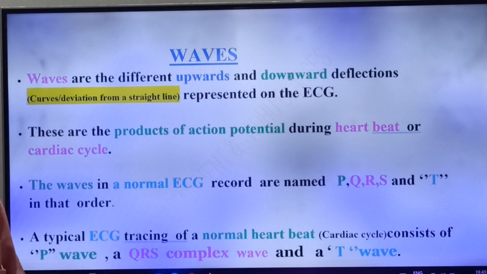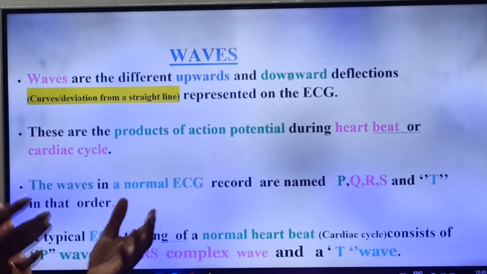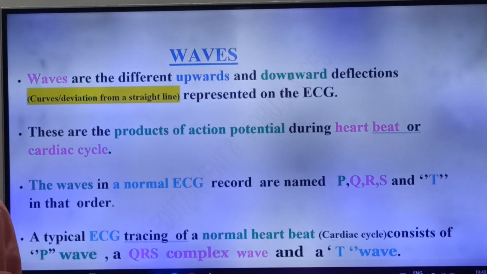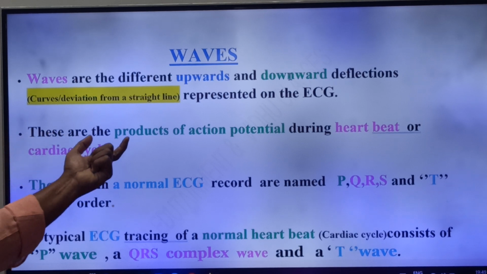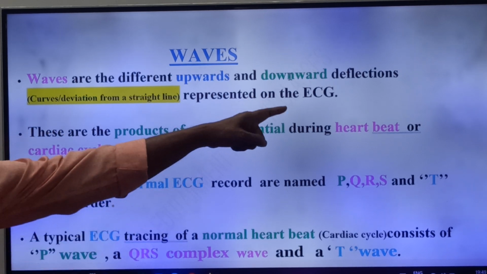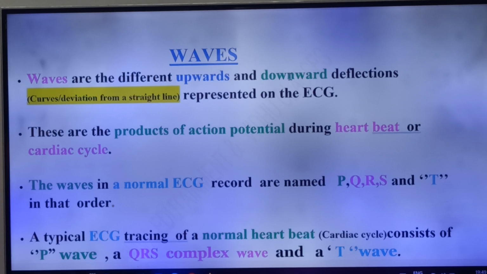Due to the cardiac cycle: atrial systole, ventricular systole and joint diastole, or you may say atrial contraction, ventricular contraction and ventricular relaxation. So these waves are the products of action potential during heartbeat, or you may say cardiac cycle.